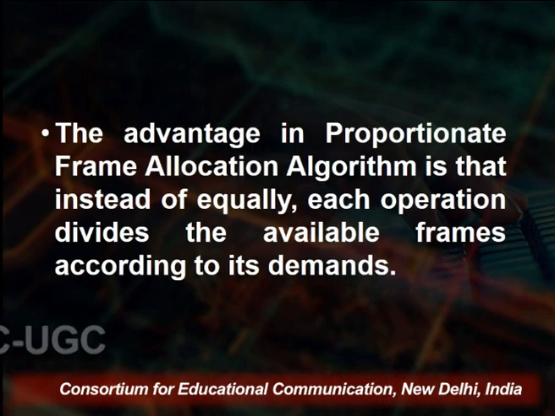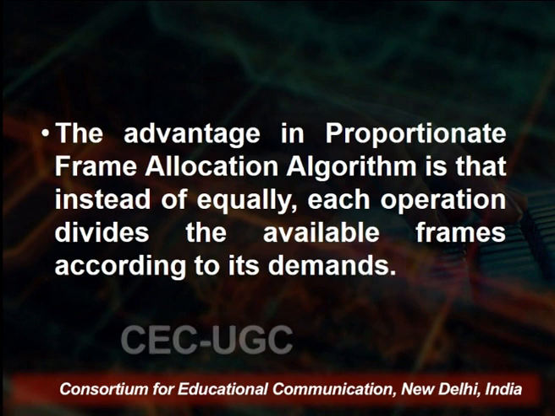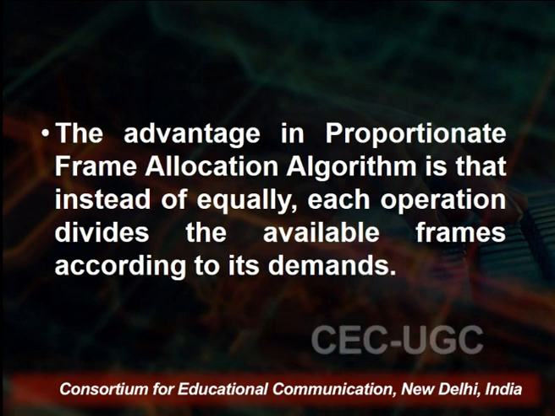That is the disadvantage: it may result in wastage of frames. The advantage is that instead of dividing equally, it divides the available frames according to each process's demand. This is a demand and supply kind of thing: whatever demand is generated proportionate to the size, the demands are fulfilled accordingly. So one frame allocation strategy is the equal frame allocation algorithm.